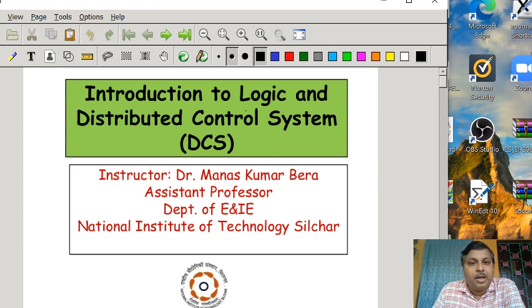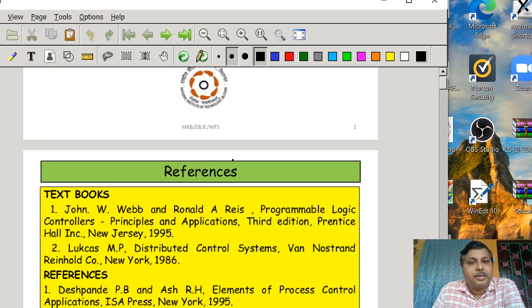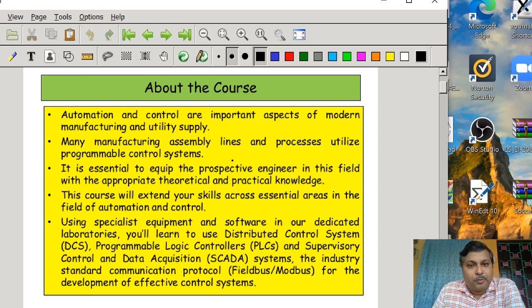What are the things we are going to learn in the course called Logic and Distributed Control System? One very important thing I can mention here is that to understand this course no prerequisite is required. The only prerequisite is that you have knowledge of basic control theory. And another thing is that there will be no mathematics.